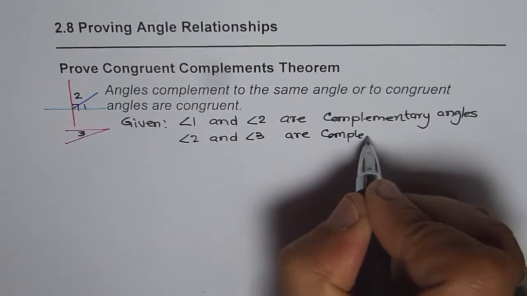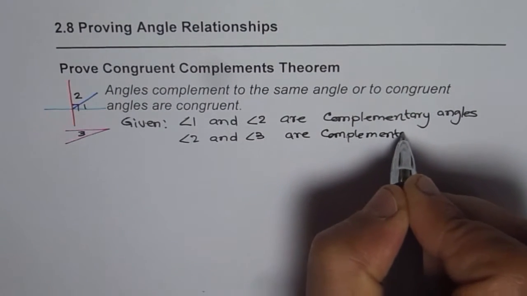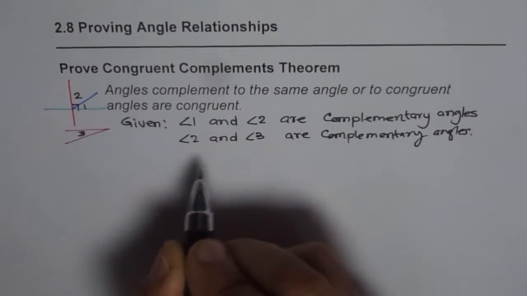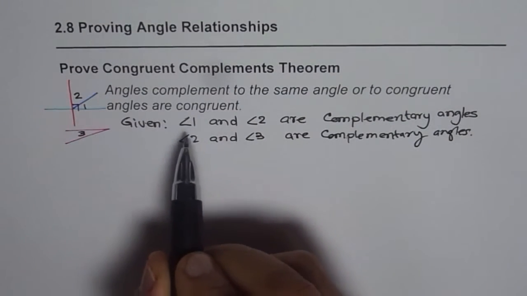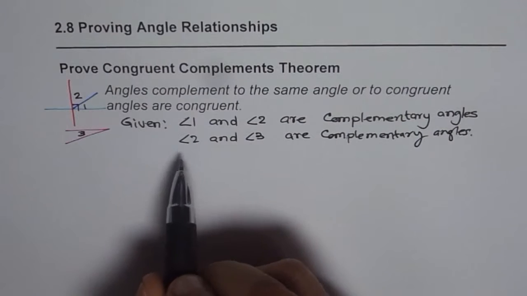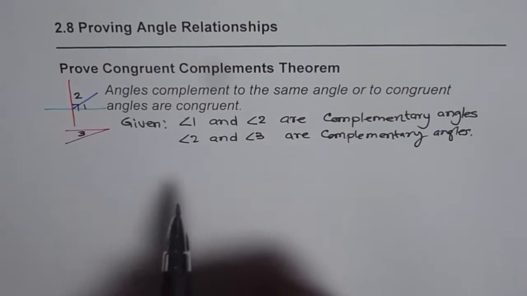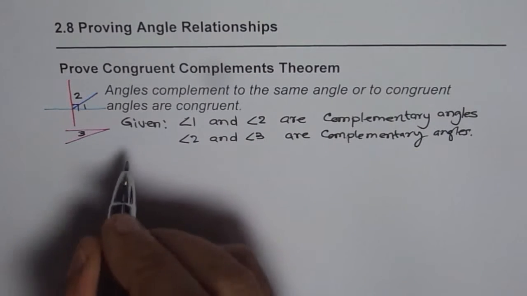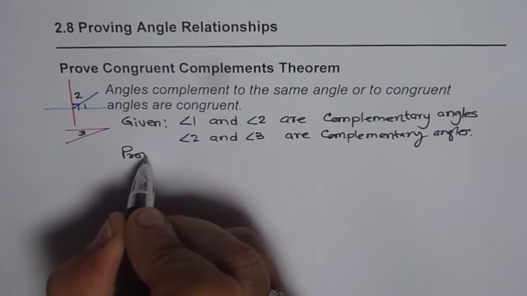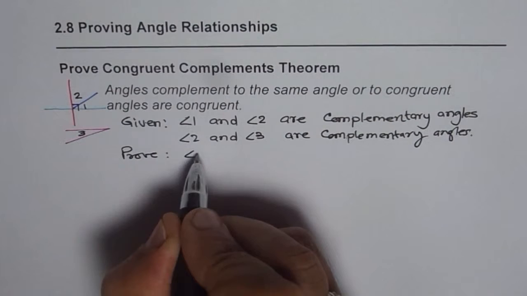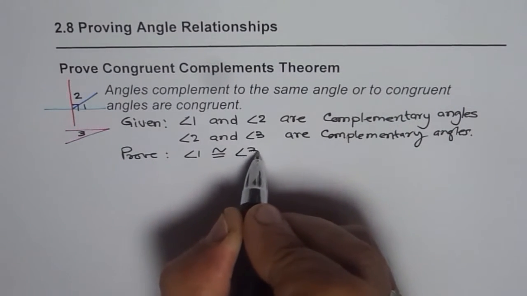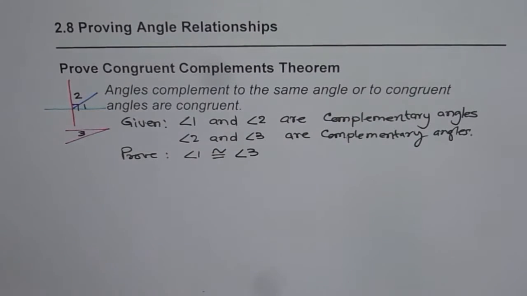This is what is given to us. The theorem states that if angles 1 and 2 are complementary and angles 2 and 3 are complementary, in that case angles 1 and 3 are congruent. So what we need to prove here is that angle 1 is congruent to angle 3. This is what we have to prove, right?